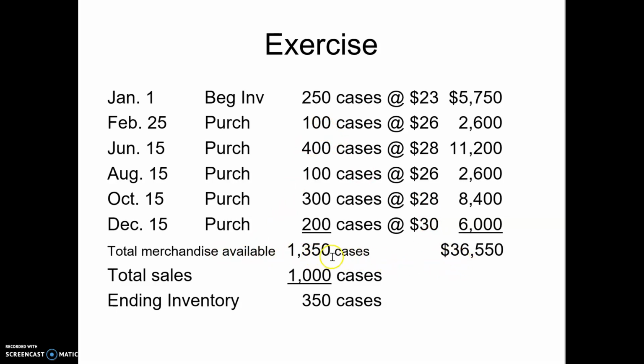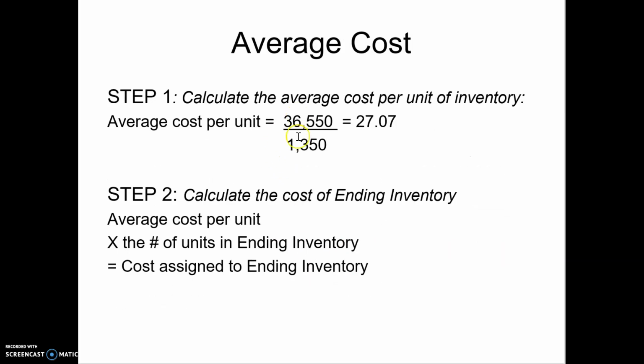So here in our example, beginning inventory plus purchases is what we have available for sale. So we have 1,350 cases that cost $36,550. So if we paid $36,550 for 1,350 cases, on average, what did we pay for one case? So we can divide and see on average, we pay $27.07.